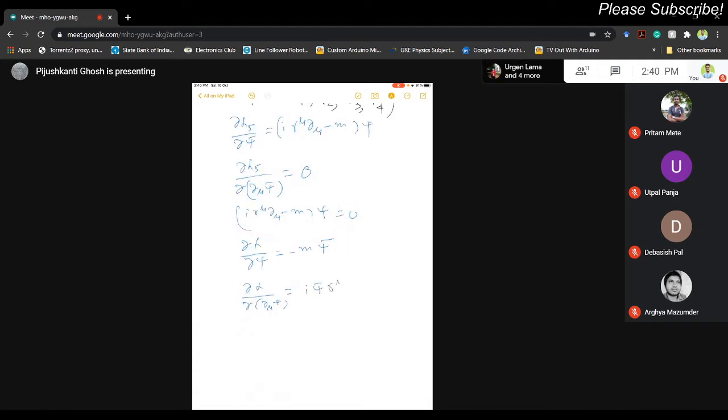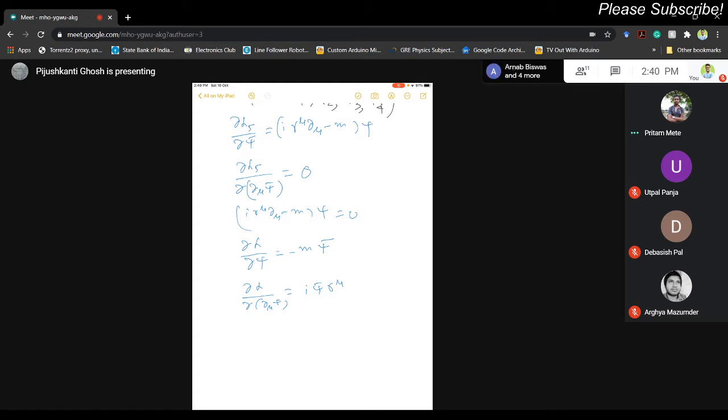You have to be careful here. You said i gamma mu psi bar, and that's a common mistake. It is not true; you have to write i psi bar gamma mu. Why? Because gamma mu is a 4 cross 4 matrix and psi bar is a row vector, a 1 cross 4 matrix.